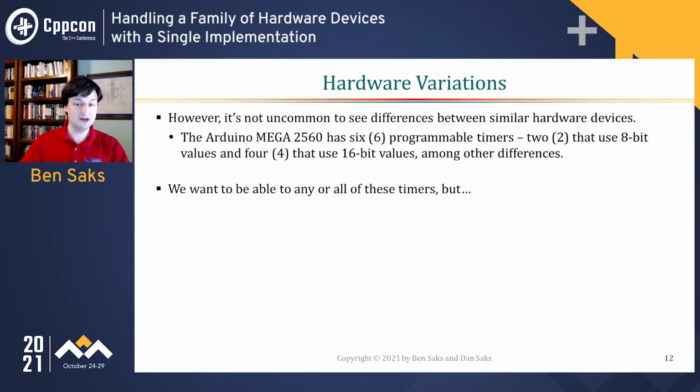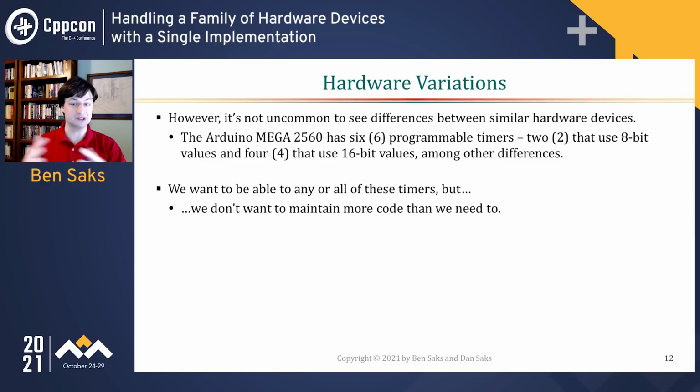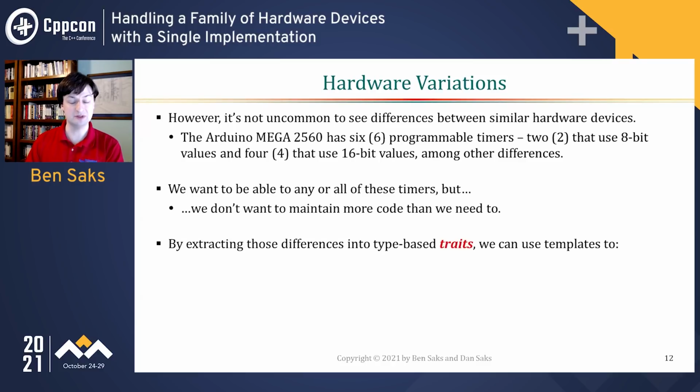Now, we'd like to be able to write our code using any of these timers, either alone or in combination. But ideally, we don't want to have to write 6 different classes, especially because those classes are probably going to do fairly similar things. We don't want to have to maintain more code than we need to.